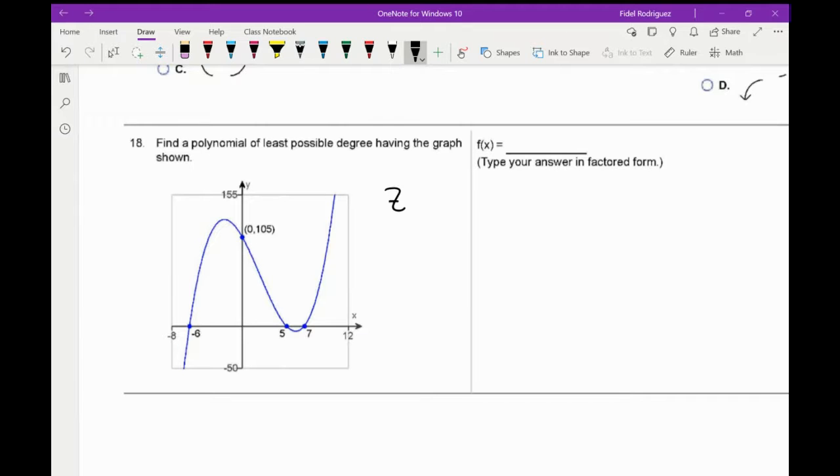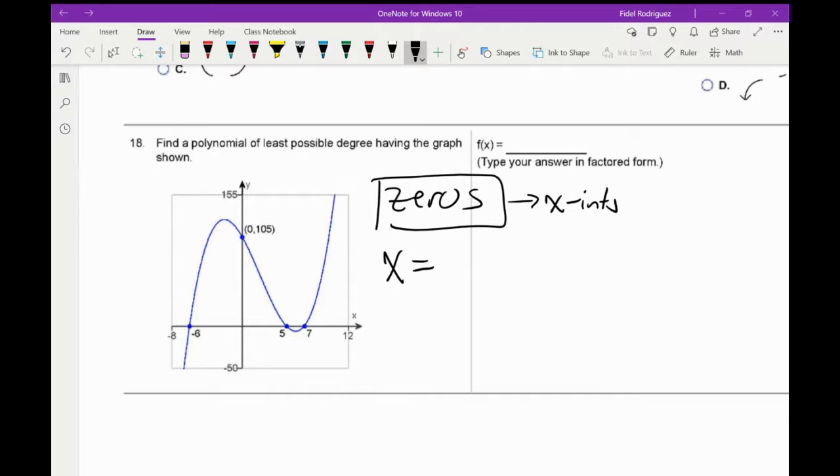So the first thing I'm going to do, y'all, I want to find my zeros, okay? My zeros are the same thing as my x-intercepts. So look, there's one right here, x equals -6. There's another one here, x equals 5. And there's another one here, x equals 7.